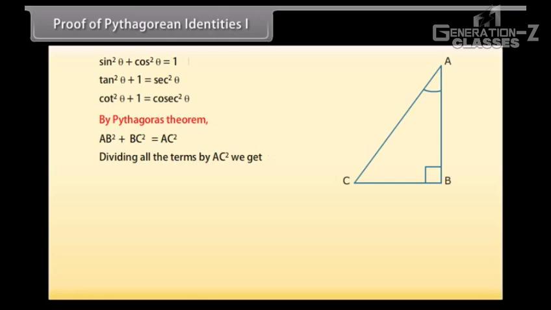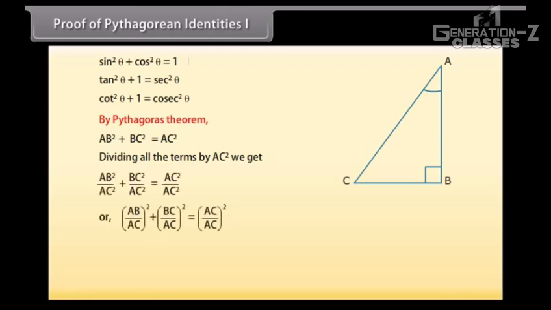Now dividing each term by AC square we can write it as (AB upon AC) whole square plus (BC upon AC) whole square equals (AC upon AC) whole square. That is, cos square A plus sin square A is equal to 1.